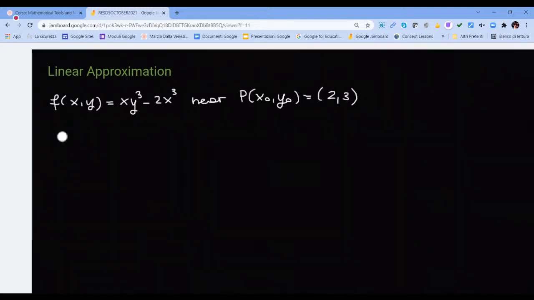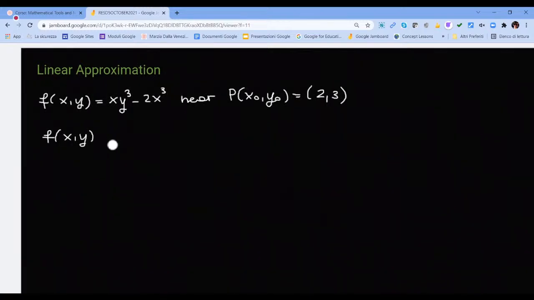We use this one. I think it is the same that you have seen at your lecture. So we write it in this way.